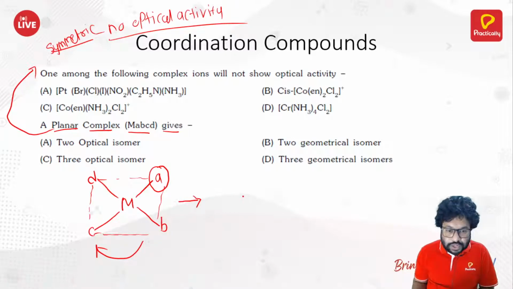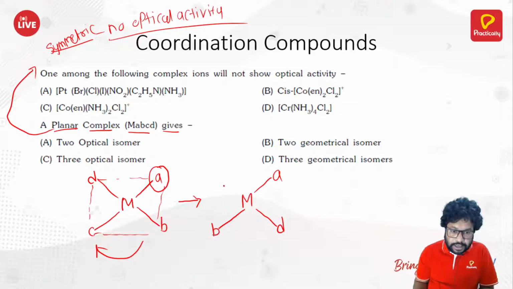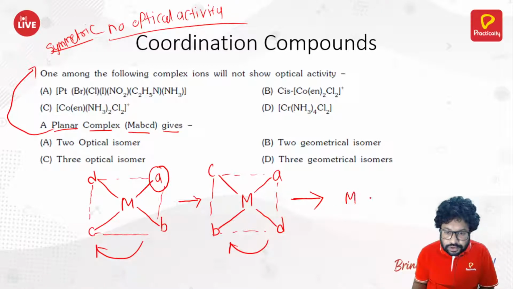Okay, so it should give us A, D. Then you have a B and you have a C. So this is the second compound now. Now again you are rotating clockwise. What should you get?